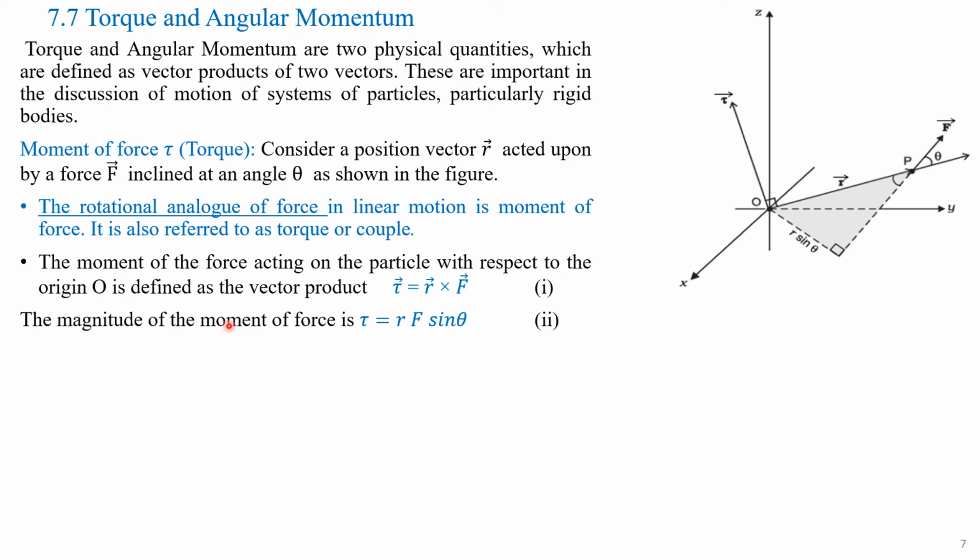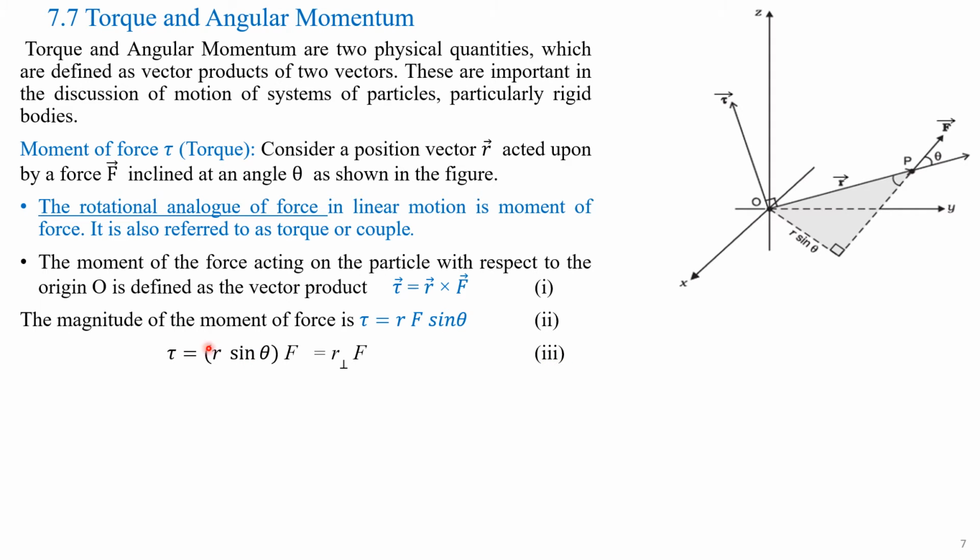The magnitude of the moment of force is tau, which can be written as tau is equal to r F sin theta. This is from our basic knowledge of vector product using magnitudes. Let it be equation 2. Therefore, equation 2 can be rearranged as tau is equal to r sin theta into F, that is equal to r perpendicular into F. Let it be equation 3.